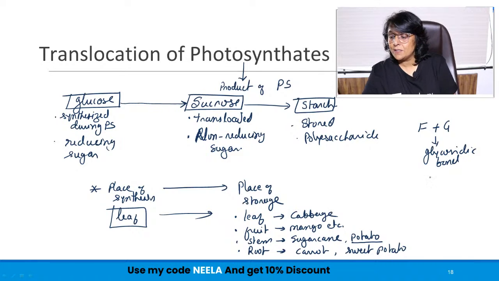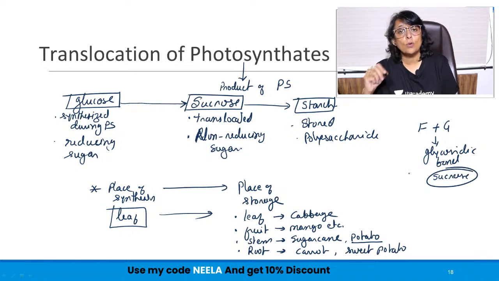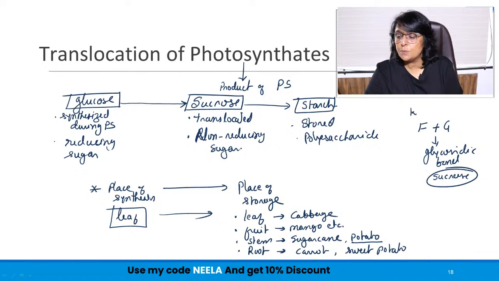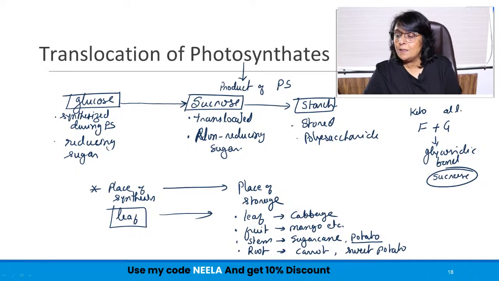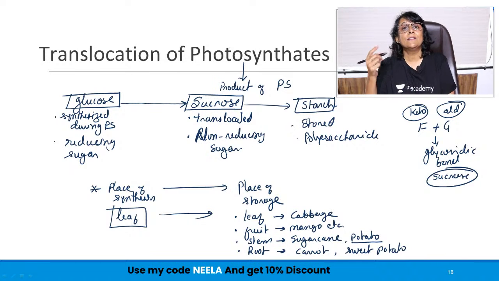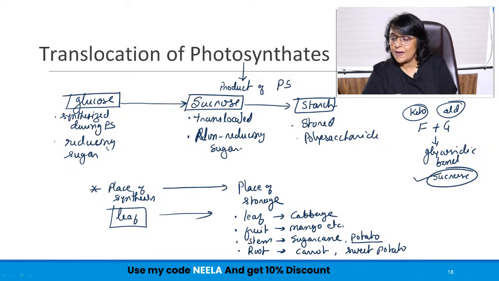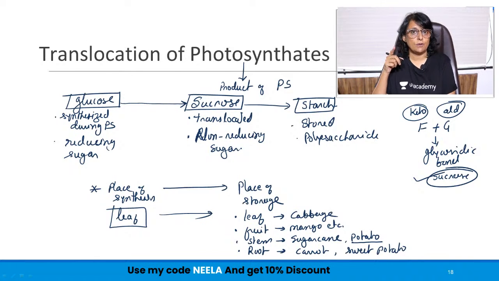And sucrose is non-reducing because the bond which is formed is between the keto group of fructose and the aldehyde group of glucose. Keto group and aldehyde group are the reducing groups, and because these two groups react to form the glycosidic bond, both the functional groups are gone, and that is why sucrose is non-reducing.